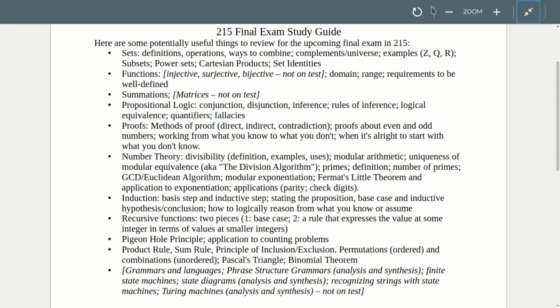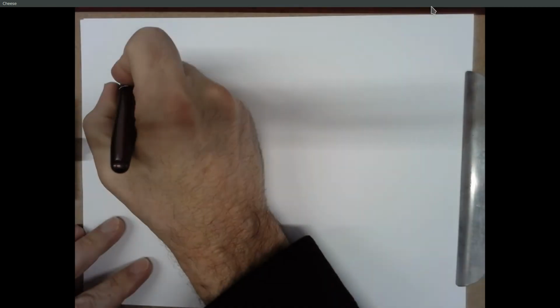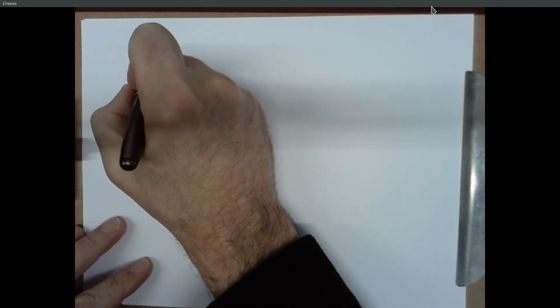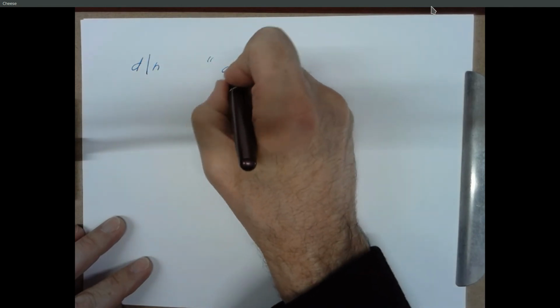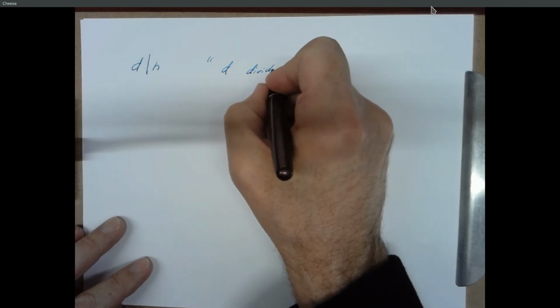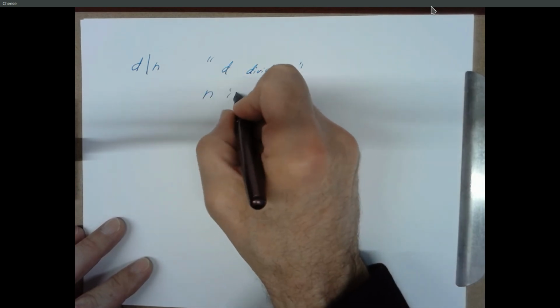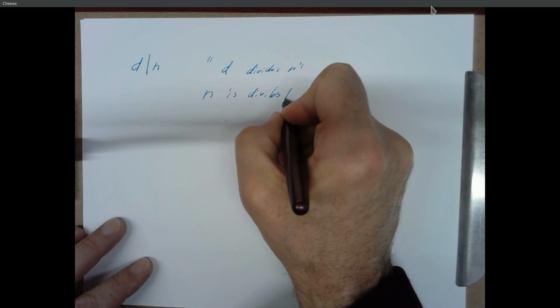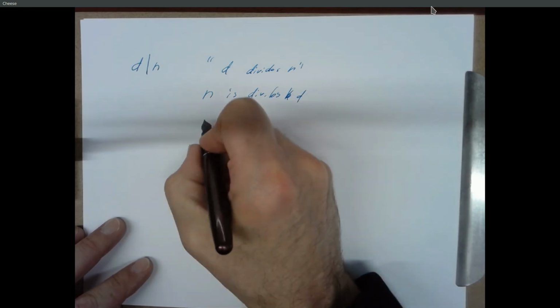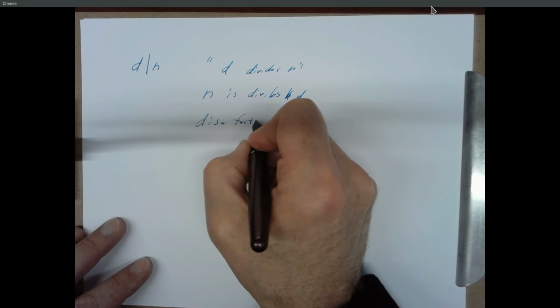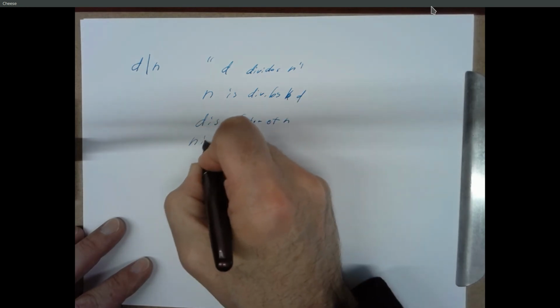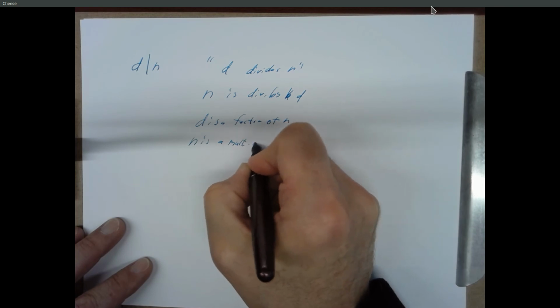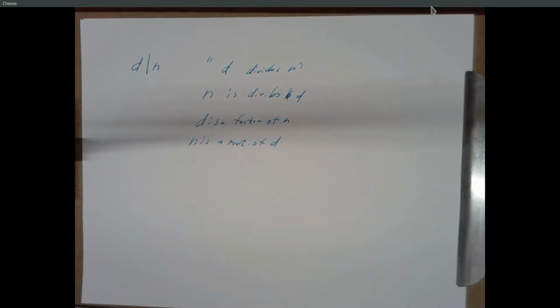All right, number theory, mostly we talked about divisibility. And we had this special symbol, D vertical bar N means D divides N, which is the same as N is divisible by D, or D is a factor of N, or N is a multiple of D. Right, but that vertical bar is not a slash for divide, right?